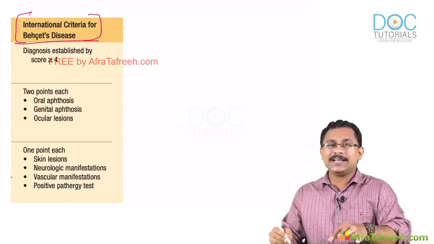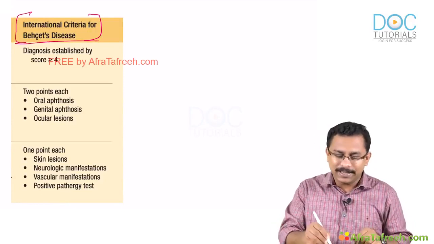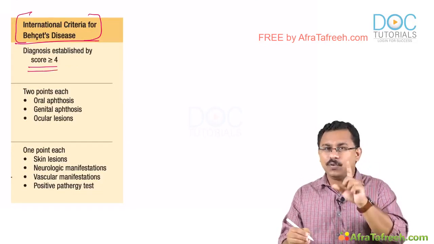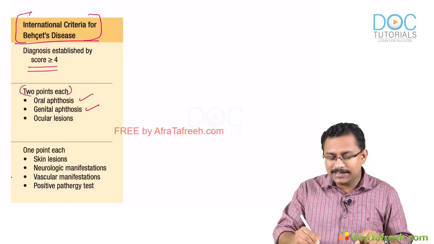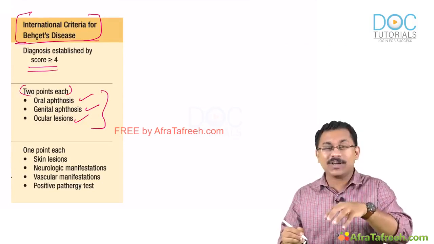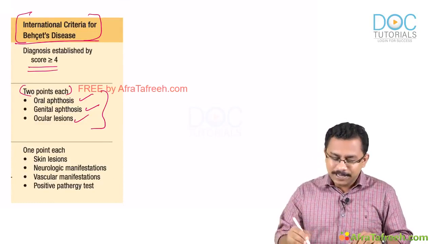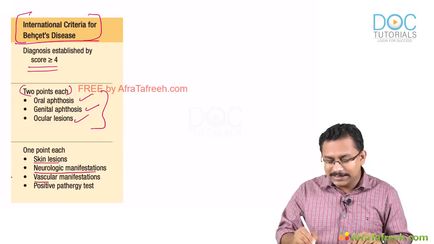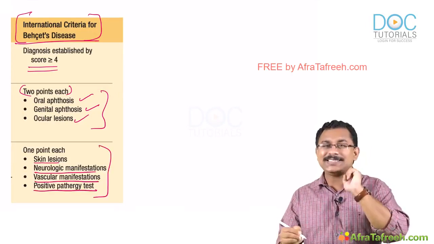It is based on a scoring system, and a diagnosis is made when the score is greater than or equal to 4. 2 points are given for oral ulcers, genital ulcers and ocular lesions, which is why, when I described the disease, I was talking of these as the cardinal manifestations. You can also have 1 point for skin lesions, neurological lesions, vascular manifestations and the Pathergy test. So the Pathergy test has 1 point.